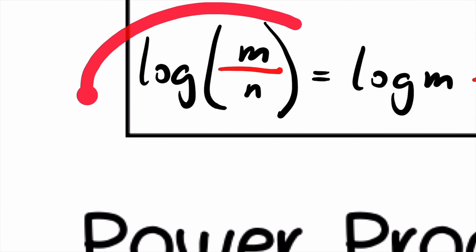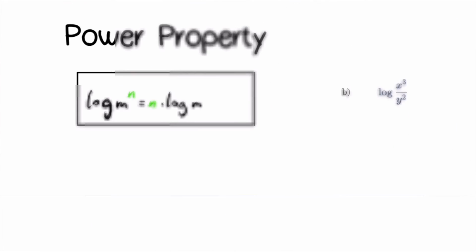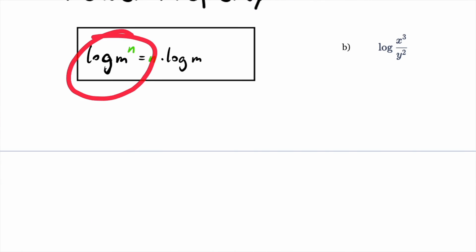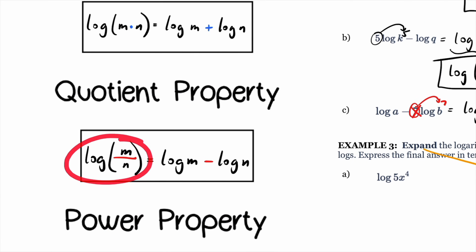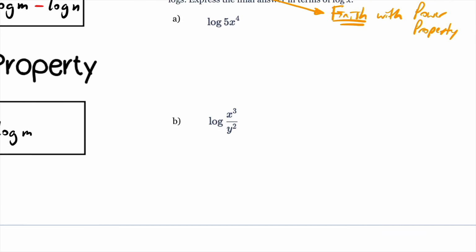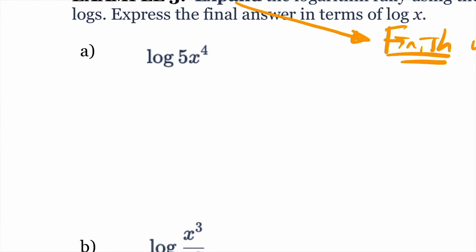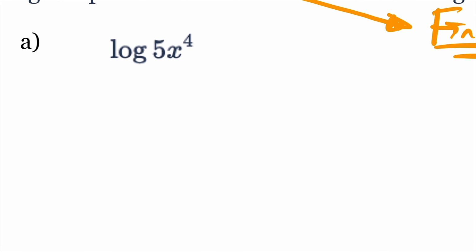We're on this side, so we start on the left side and we go to the right. So we look for multiplication. We look for division. Well, which one do I have?